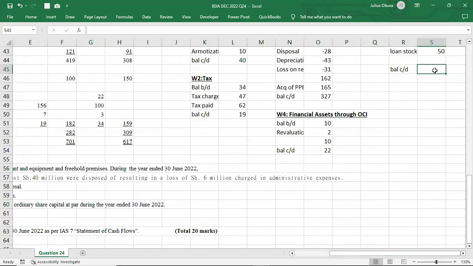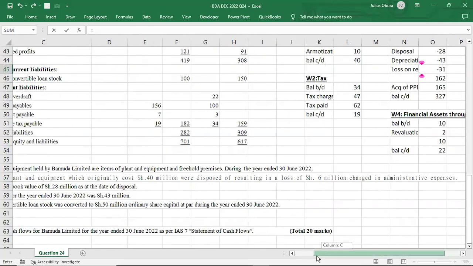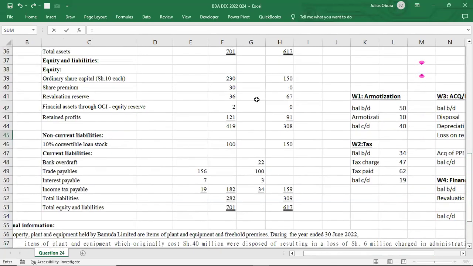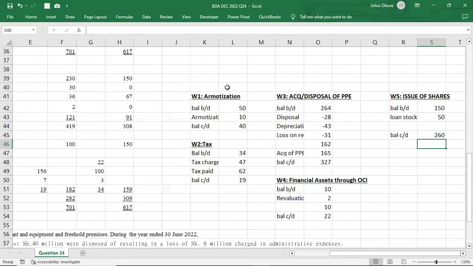We are supposed to close with 200, but for the ordinary share capital, we closed with 230 plus 30, which is 260. So we have a difference of 60.